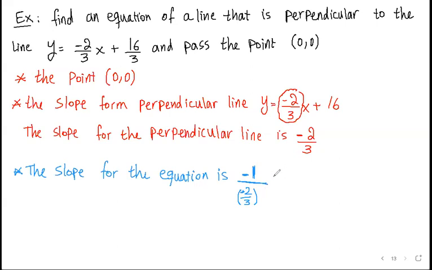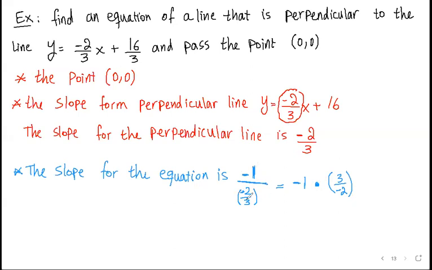And this, from the previous section, is equal to -1 times the reciprocal of this one, 3 over -2. This is from the previous section.